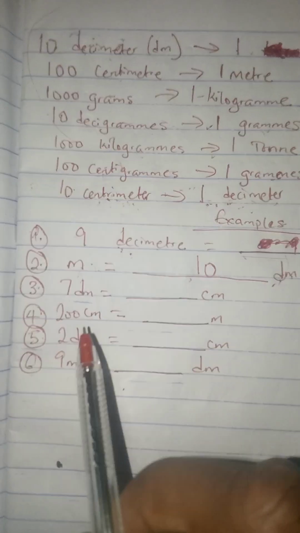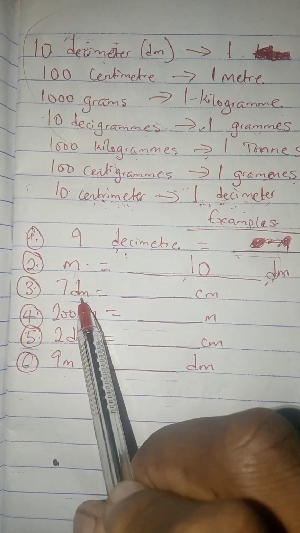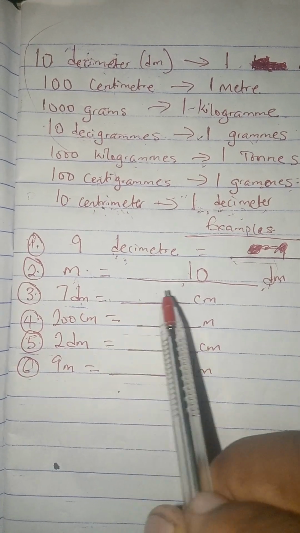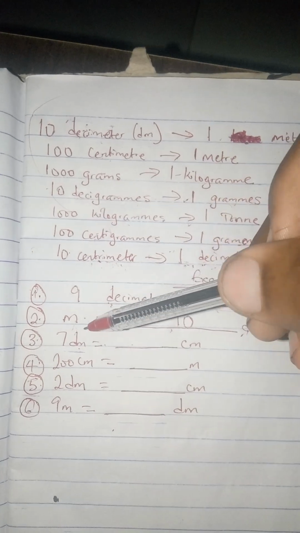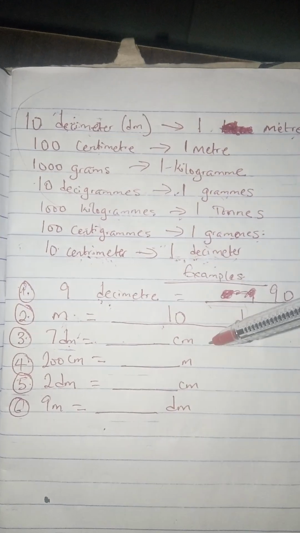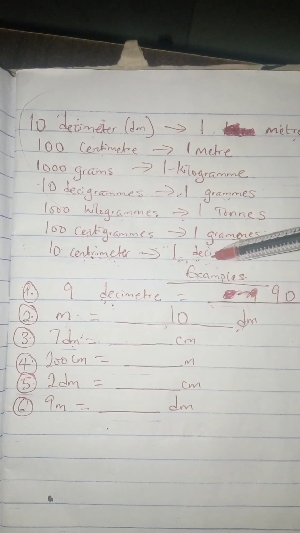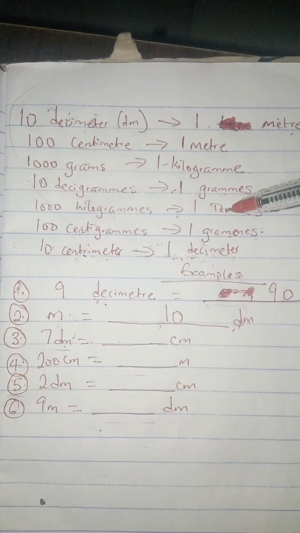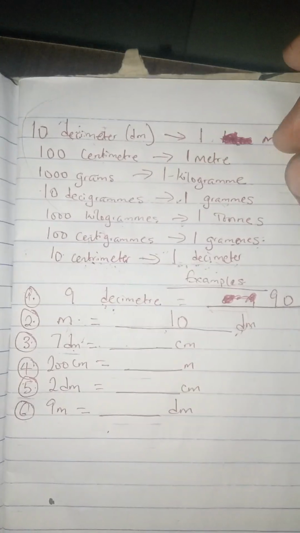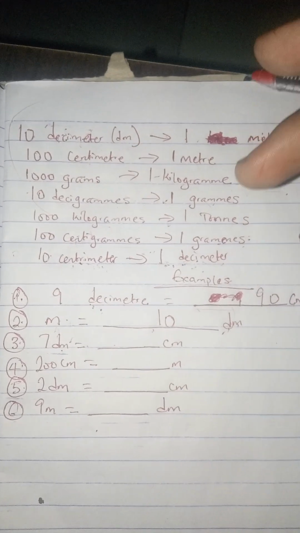We have 7 decimeter equals to what? Dash centimeter. From this our hint here, we have 10 centimeter makes 1 decimeter. Do you see?